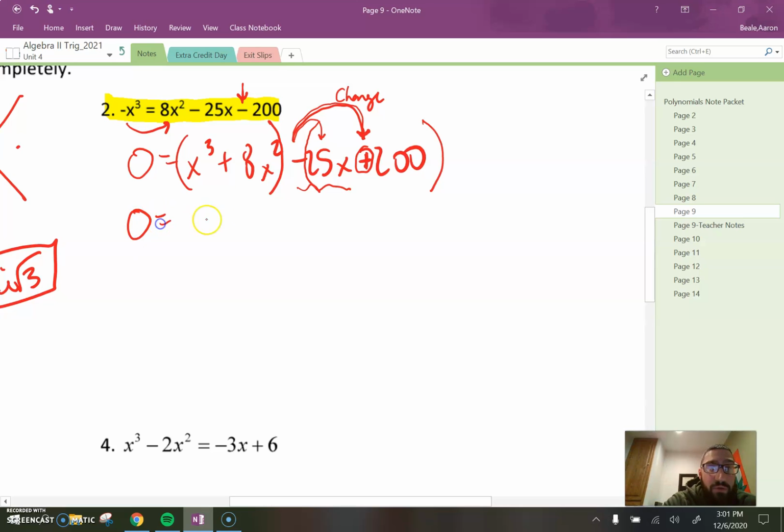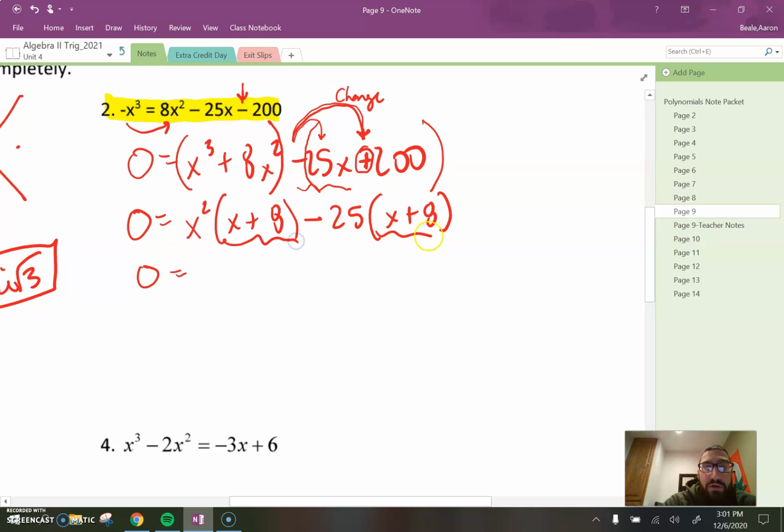So we'll have 0 equals GCF, this x squared, and we would have minus 25x plus 8, and then we can see that this is the common term, right? So that's kind of the GCF of this line right here. And then what's left over is my x squared minus 25.